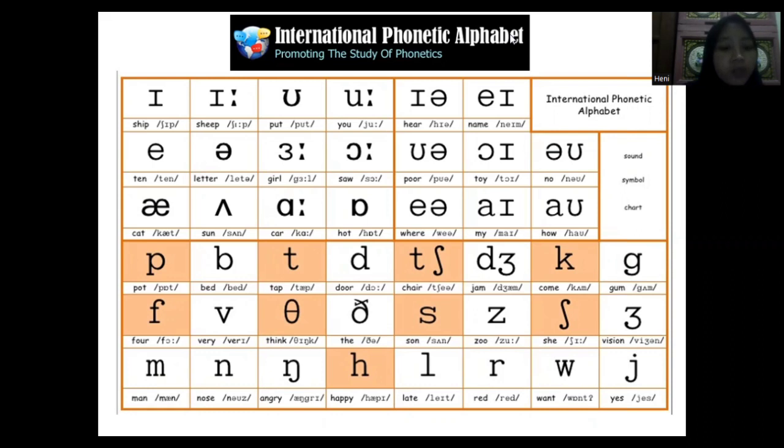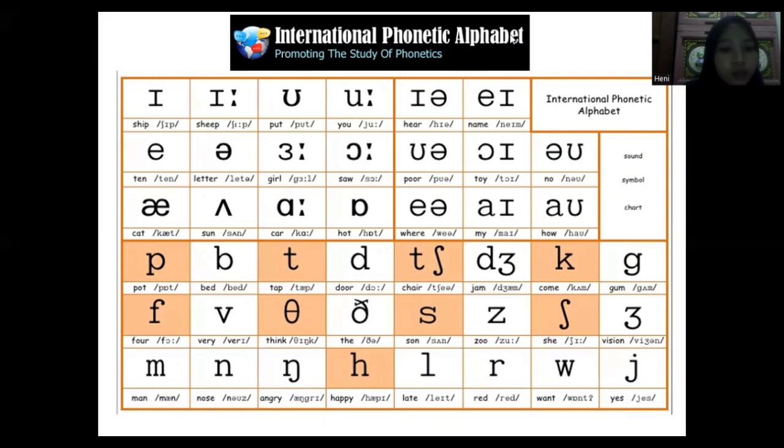Next, the sound in saw includes back vowels, for example, saw. Next, the sound in curl includes central vowels, for example, curl.